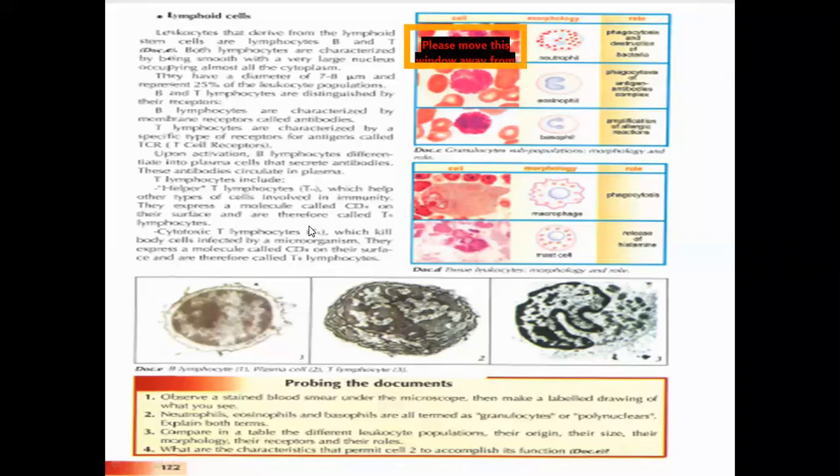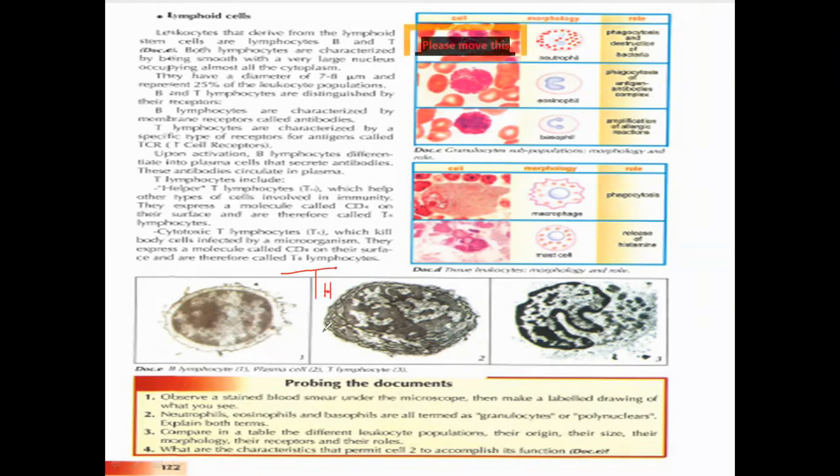However, T lymphocytes include two groups, and pay attention to this. T lymphocytes, we talked about them yesterday. We said that T lymphocytes include T helper and T cytotoxic, or the T killer. T helper is given the symbol TH, T capital and h, written as a subscript.